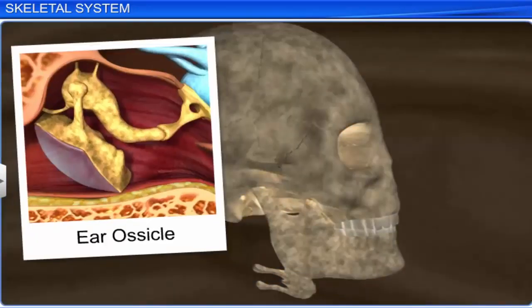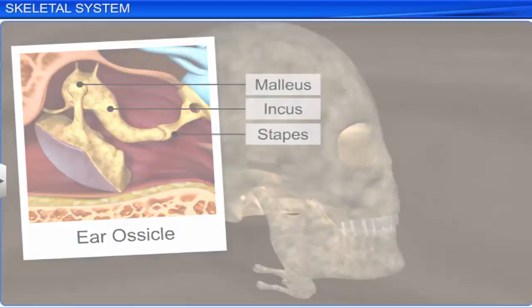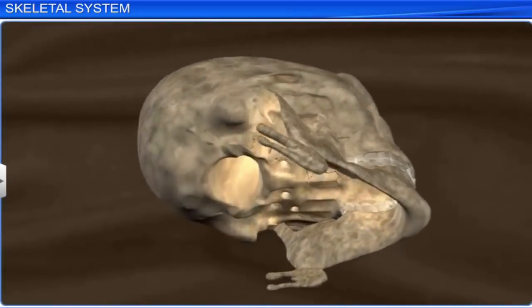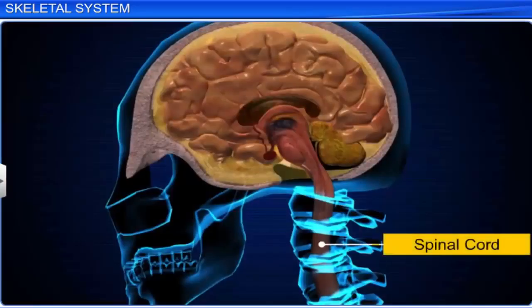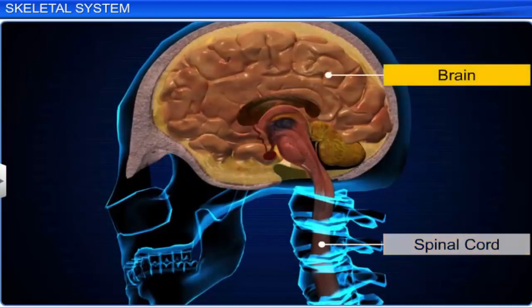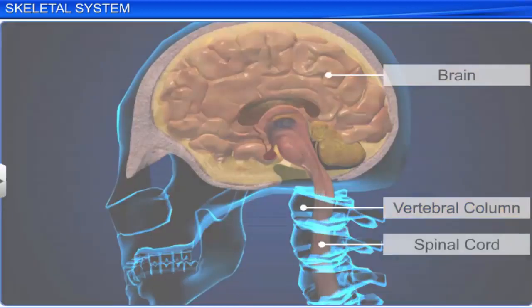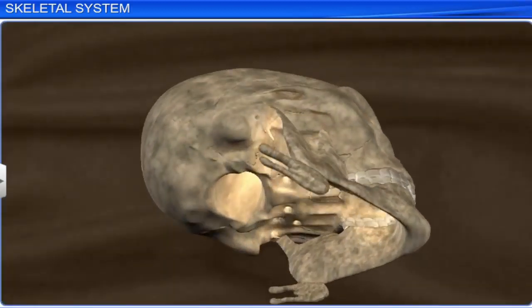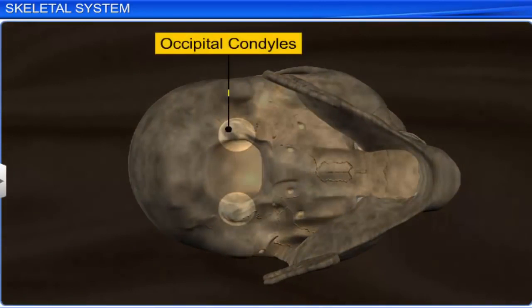Each ear ossicle consists of 3 tiny bones: malleus, incus, and stapes. The skull also has a large hole called the foramen magnum, through which the spinal cord, after emerging from the brain, continues into the vertebral column. The skull articulates with the vertebral column with the help of 2 occipital condyles.